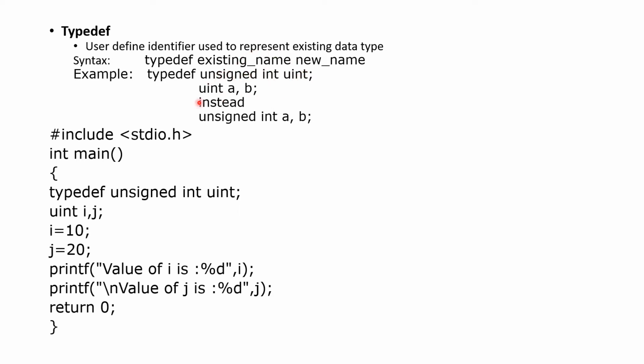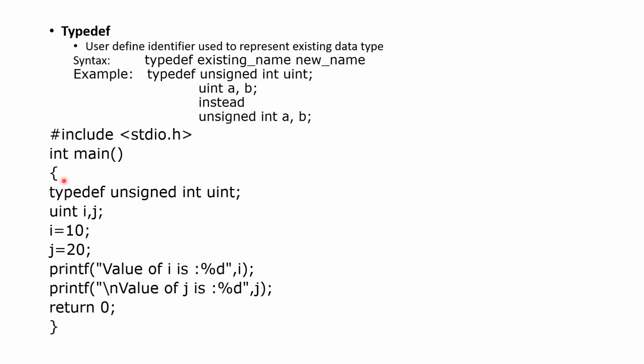So suppose I say uint a, b, it means I am actually saying unsigned int a, b. So instead of unsigned int a, b, I can declare the variables like uint a, b. So typedef is very simple.